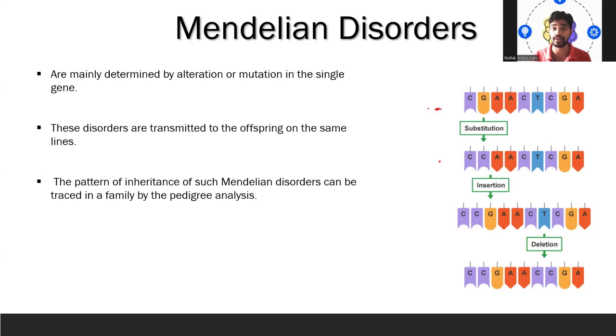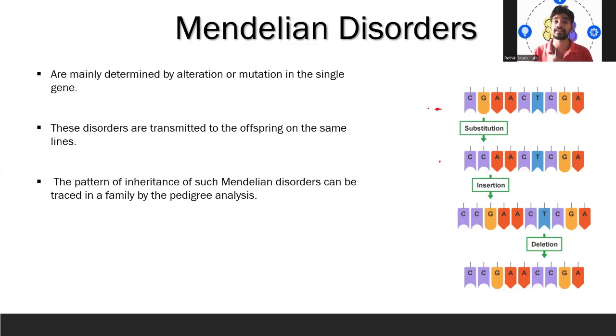Now these disorders, my friends, are transmitted to the offspring on the same line. Same line means, if you remember the Mendelian principle, you exactly know how traits are carried from one generation to another generation, say from parents to the F1 generation and from the F1 generation to the next generation, the F2 generation.